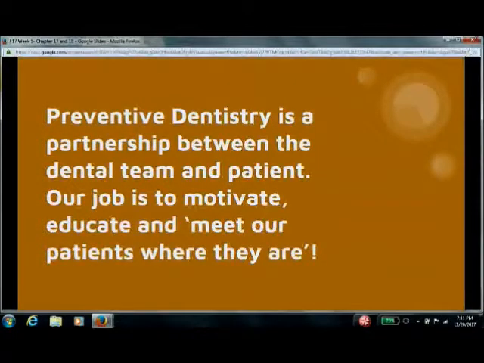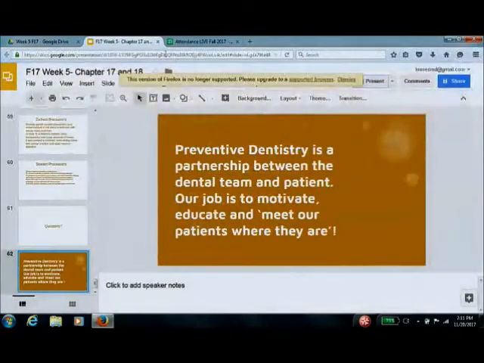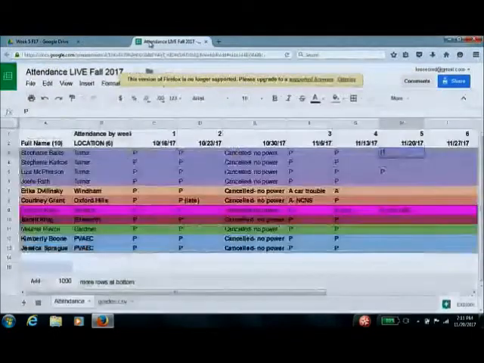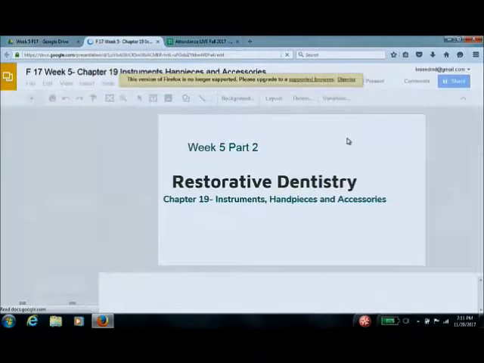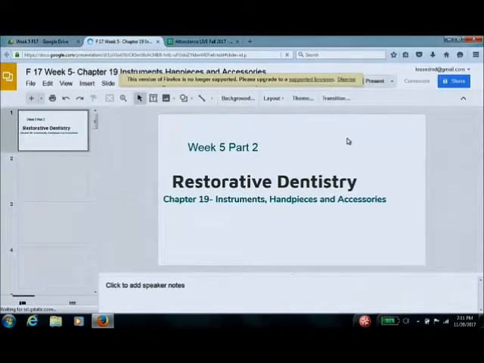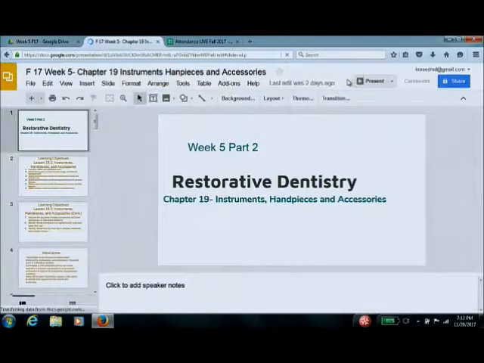Okay. Let me close that. And this, and then that, and then this. Okay. And we get into our hand pieces and instruments. So I think it's tired. I mean, it's time. It's tired. This is tired. My computer's tired. It's time for the instrument of the day.